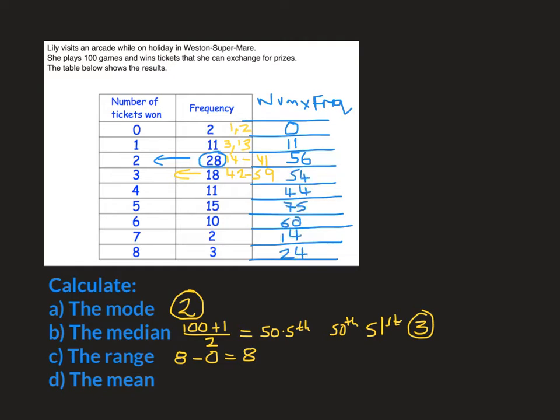I work out that total, 338 by my reckoning. And remember how we found the mean of a set of values. We add them all up, so that's me adding them all up, if you like, and I divide that by how many there are, and there are 100 values in total, and I get a mean of 3.38.